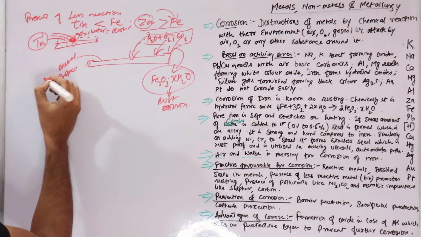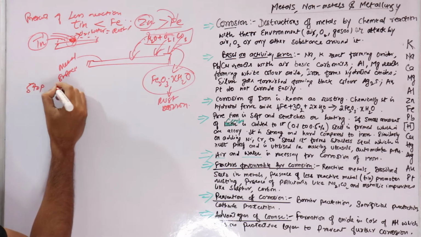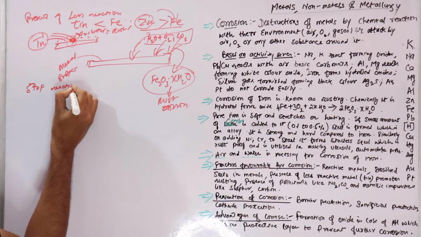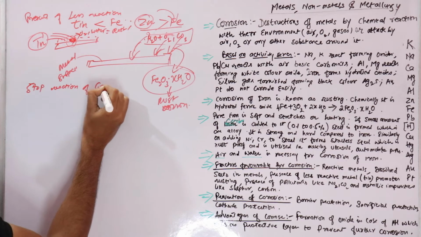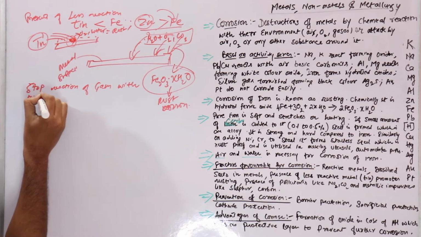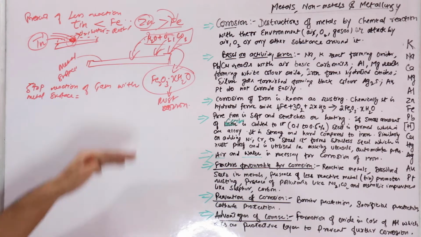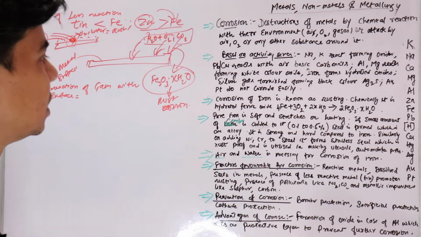So to prevent rusting, stop the reaction of gases with the metal surface. How can we prevent these gases attacking the metal surface?